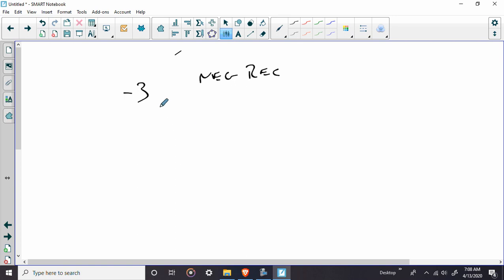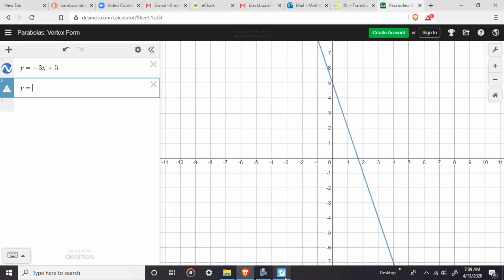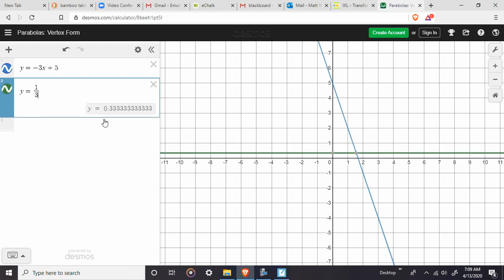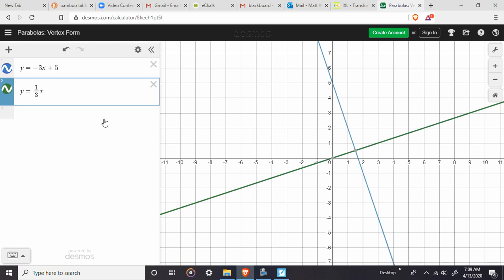Let's start by saying this is really negative 3 over 1. Let's make it positive, and let's flip the fraction, make it 1/3. So again, 2 things: flip the sign and flip the fraction. So this will become positive 1/3 x, right? So right there, those are perpendicular lines.